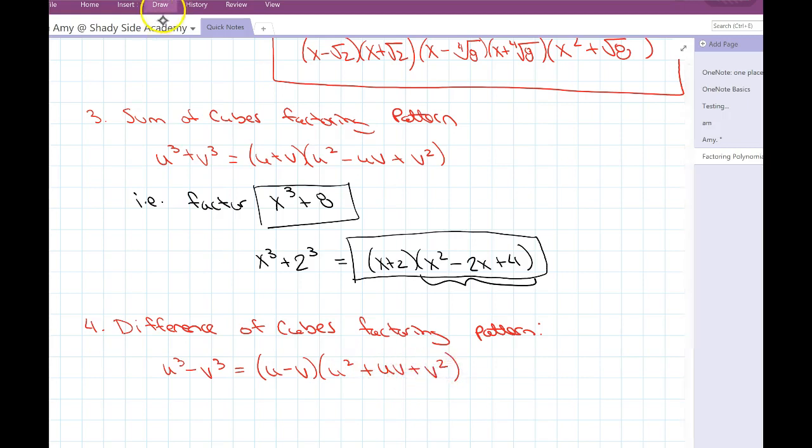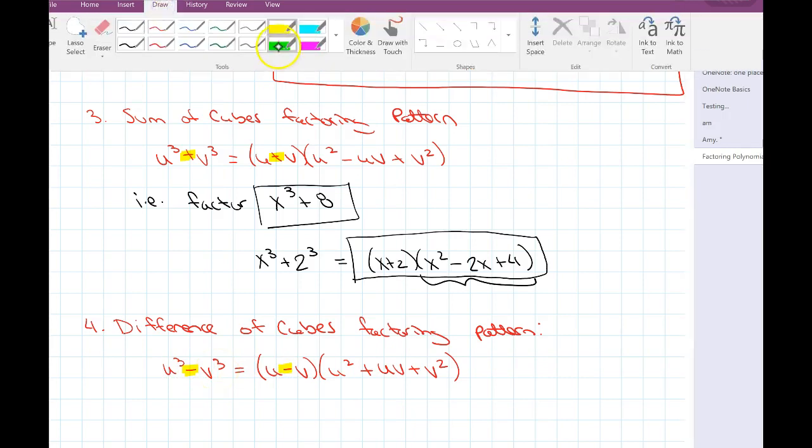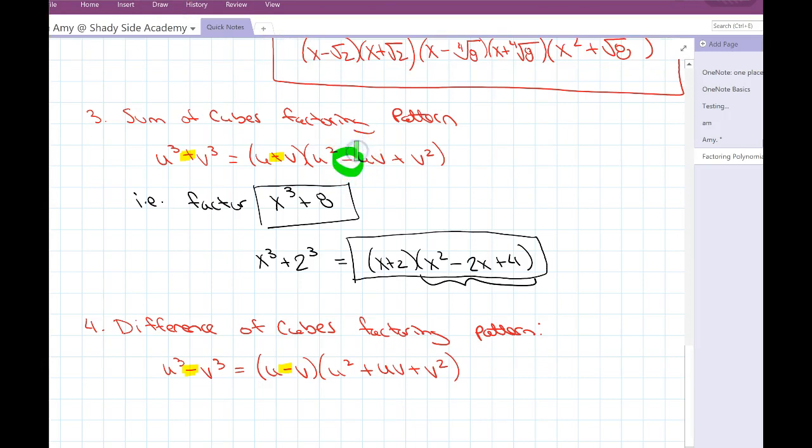Notice this sign always matches the sign of the original expression. And this sign right here is opposite that one. And both of them share a positive v squared.